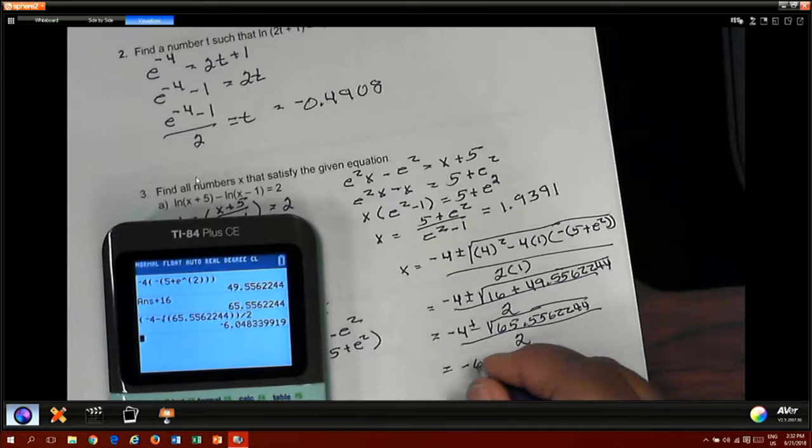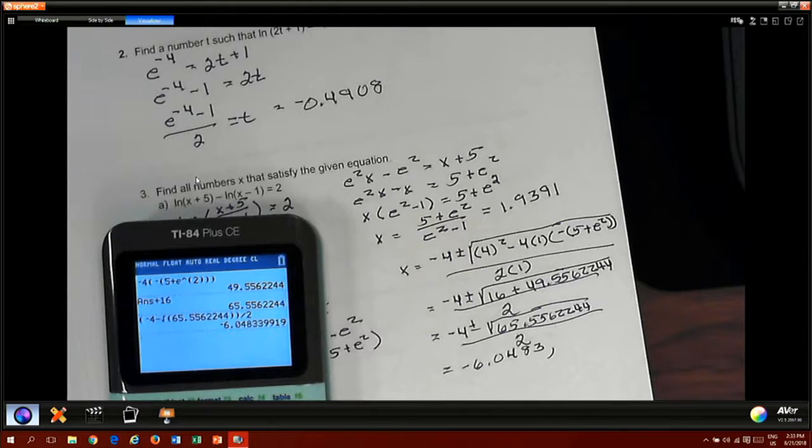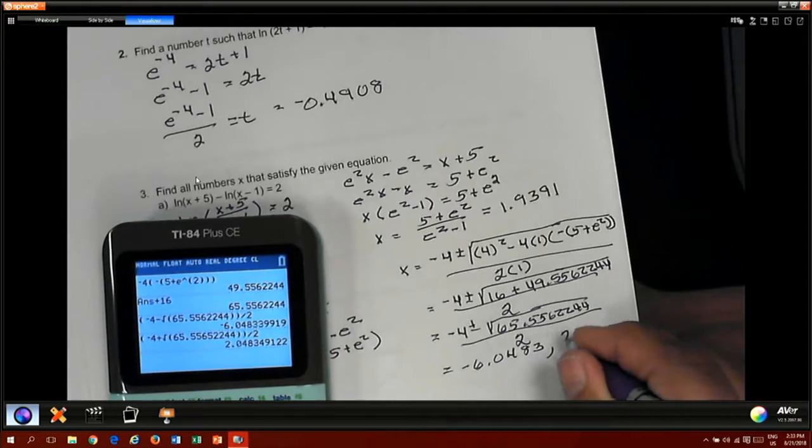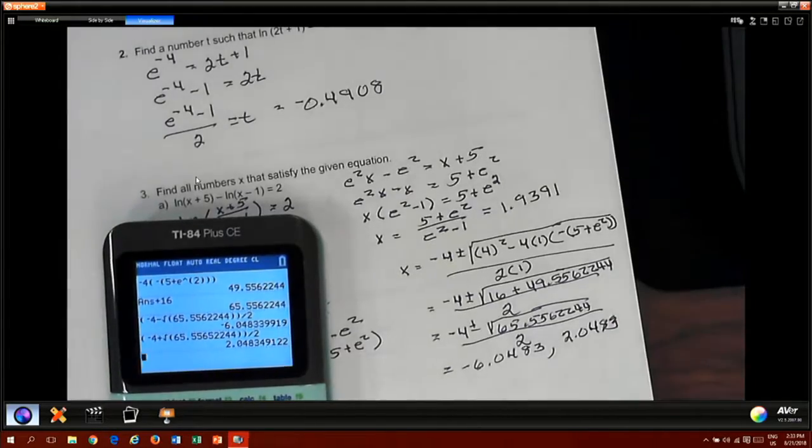It's negative 6.0483 and negative 4 plus the square root of 65.5562244 divided by 2 is 2.0483.